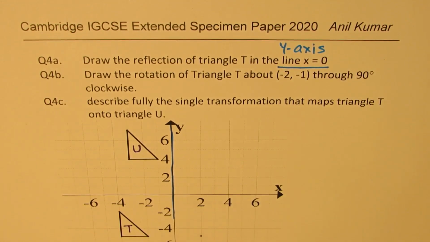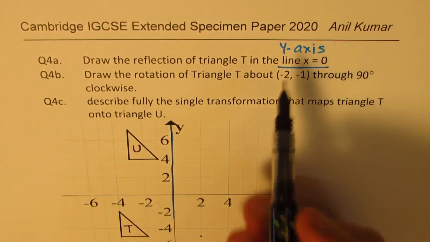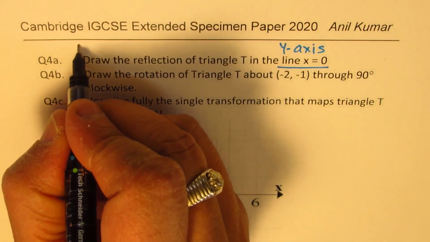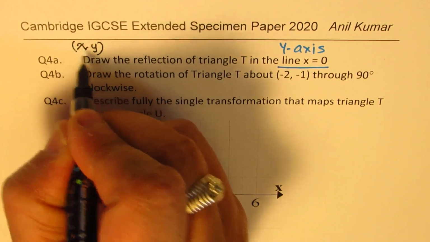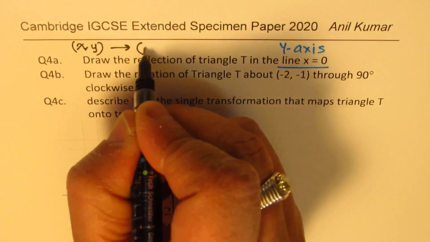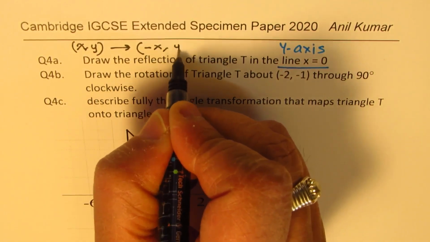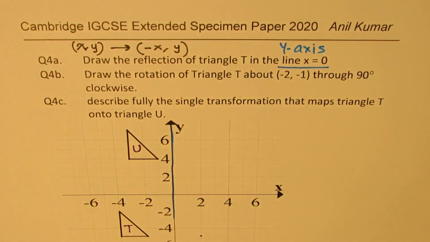So what you notice here is for this particular transformation where it is reflection, the x and y coordinates will actually change to minus x and y, correct? So y value remains same. The x value becomes negative of whatever it was, right? So the first one is at minus 2, it becomes 2.